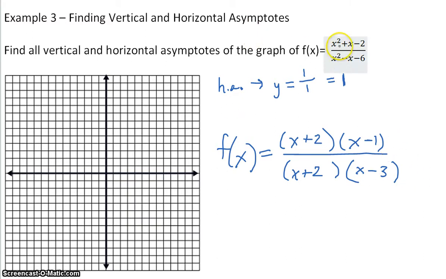Well, this is the exact same thing as, if I cancel out these two terms, x minus 1 over x minus 3. So we're simplifying this as much as possible to describe this. So really this is the exact same thing as this. So this x plus 2 is really not needed.